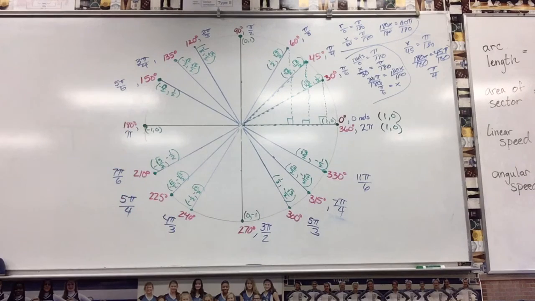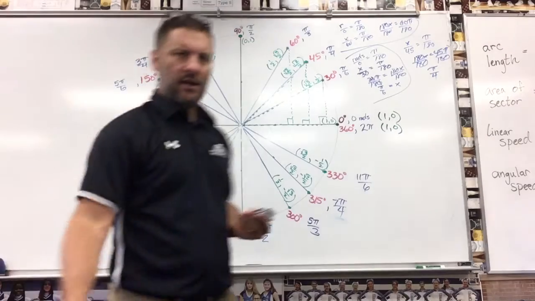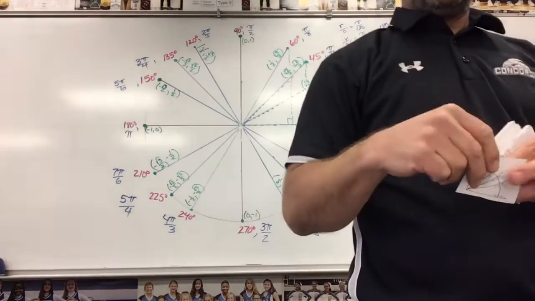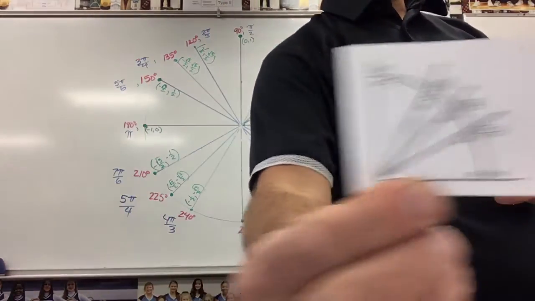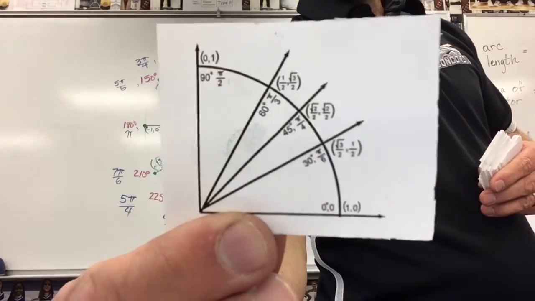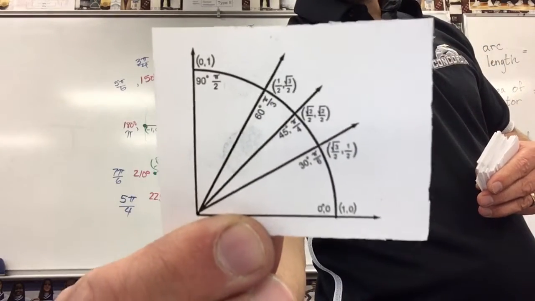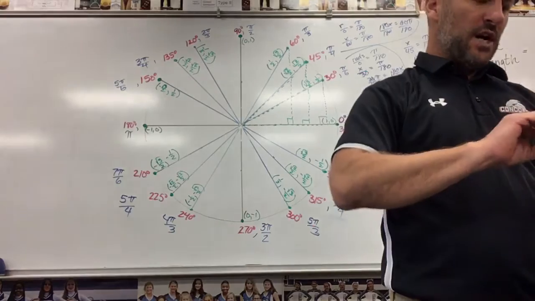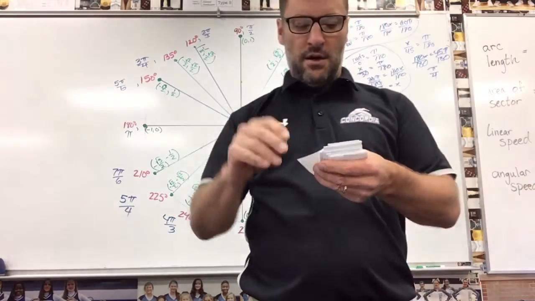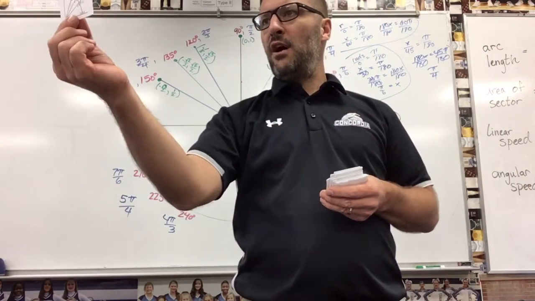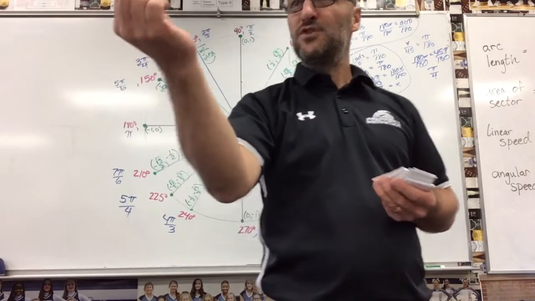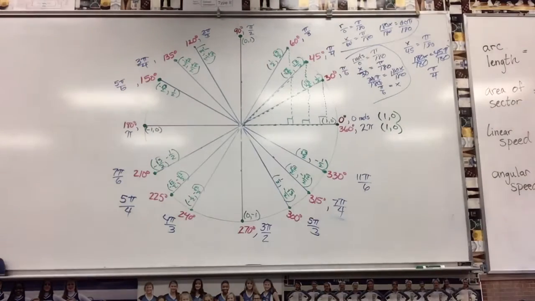Now, what Mr. Mueller and I decided was I have here a little first quadrant cheat sheet, and I'll give you one of these. It's a first quadrant cheat sheet that you can keep in your calculator, and it helps you with all of the degree measures and the radian measures in the first quadrant. After the first quadrant, we 100% would expect you to use symmetry to find these values.